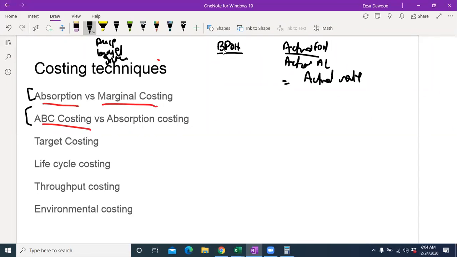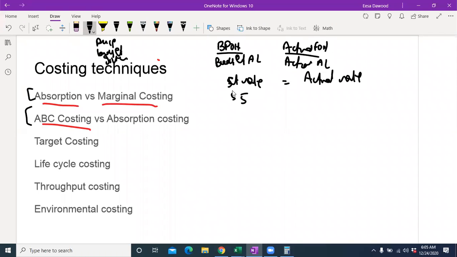We will estimate as per the last record what the budgeted production overhead and the budgeted activity level are. Our actual activity level can vary, so we will absorb on the basis of the standard rate.